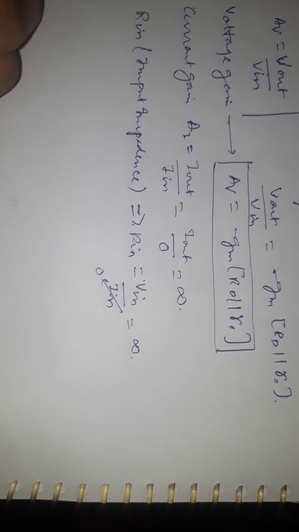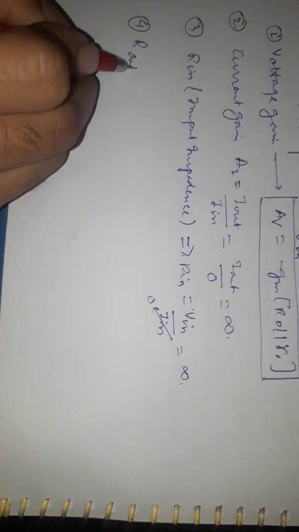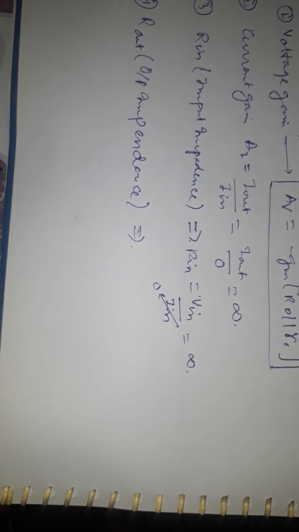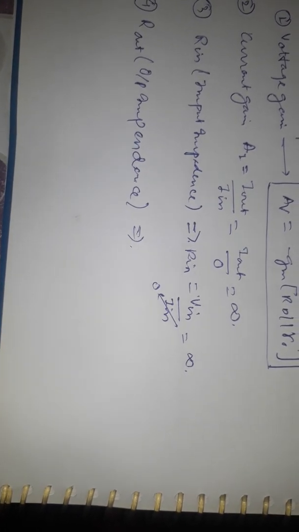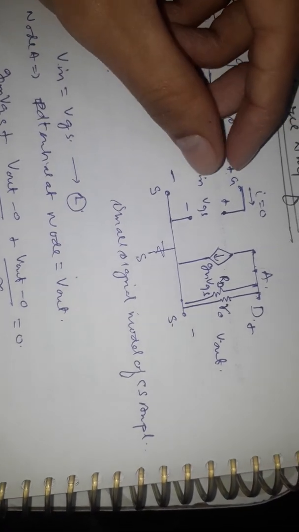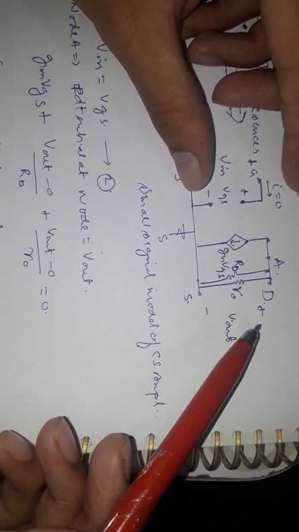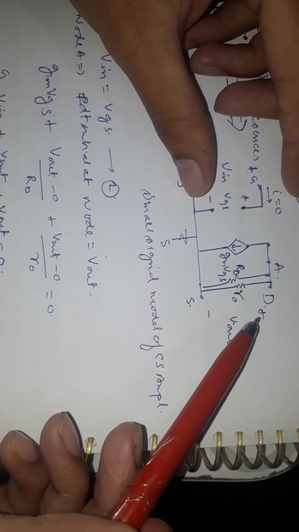Now the fourth parameter is output impedance. For calculating the output impedance, we have to consider this small signal model. In this, the Vin will be short circuited, and we will consider a voltage source at the output.